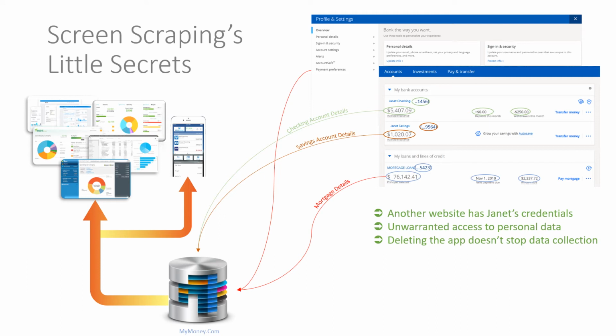And finally, this is not intuitive, and I probably need to be technically savvy to realize this. But if Janet deletes the app from her phone, MyMoney.com does not stop collecting her data. They will continue to collect her data until she changes her password.